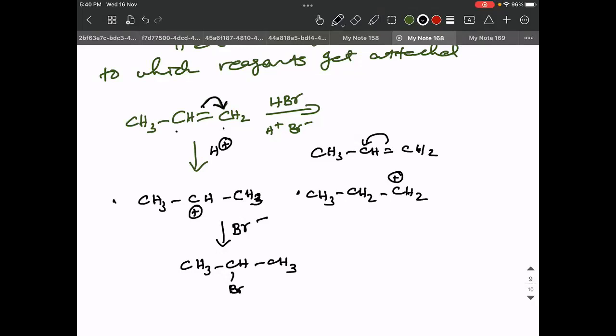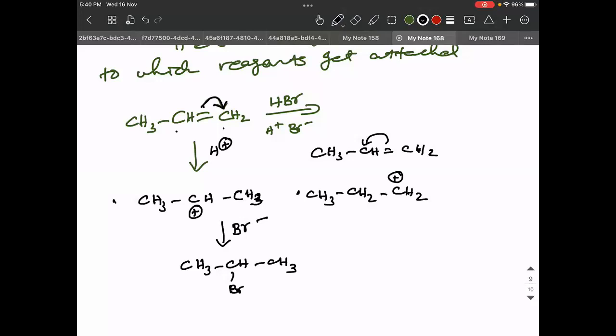Carbocation means what? Carbon should bear a positive charge. Now here you have two, here you have one CH2. Then first one or second, which is more stable among the two?